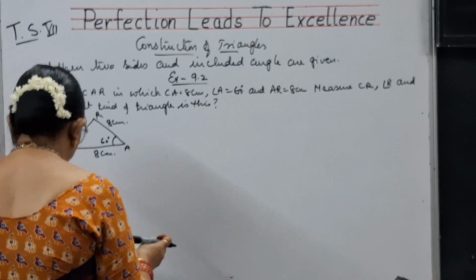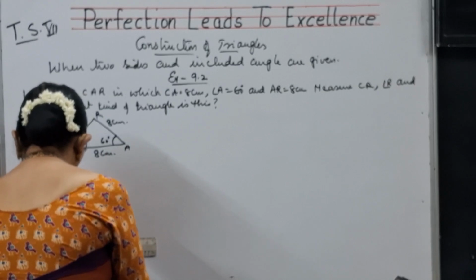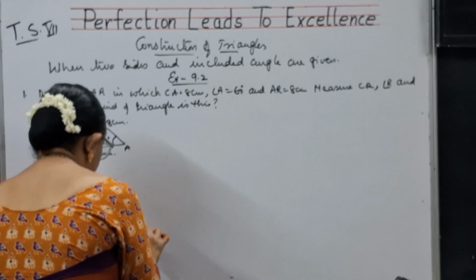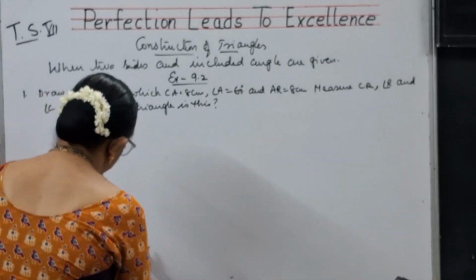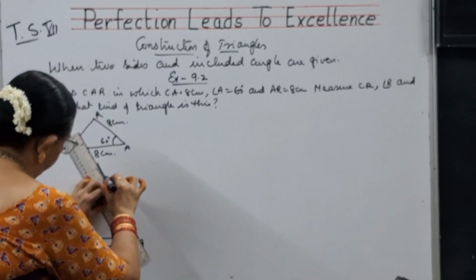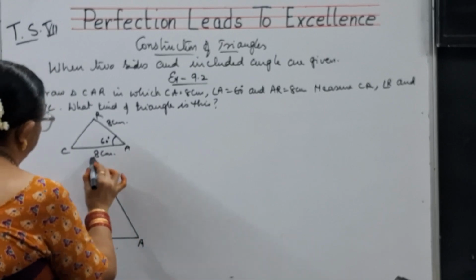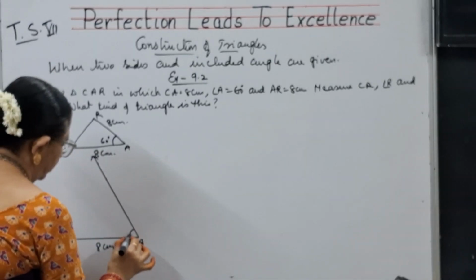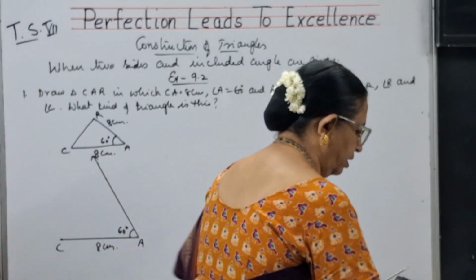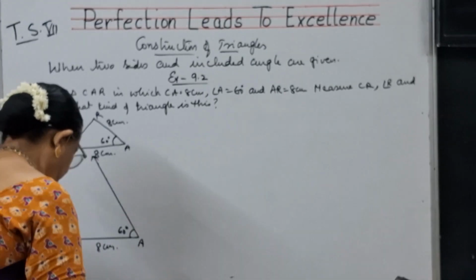Now let us continue. So I should draw an X-ray. This is 60 degrees. Now what do I need? I should take AR equal to 8 centimeters.